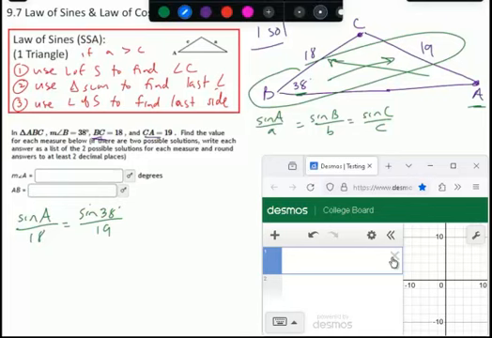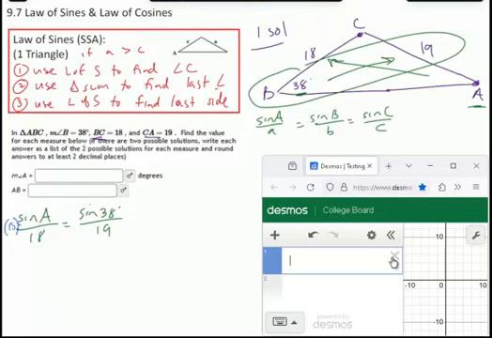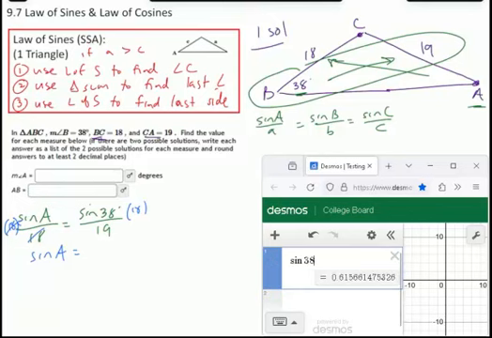When we do our calculation here, we're going to multiply both sides by 18. That gives you sine of A. If we take sine of 38 divided by 19 times 18, here's our decimal.